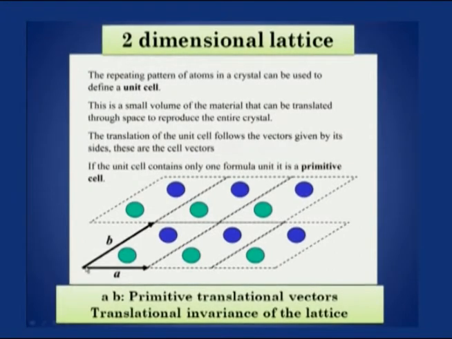Similarly here, translate through B, from this lattice point you go to another lattice point, and another. By translating A or by translating B, you get the lattice points here, here, here, and so on. And this cell which is made up of A and B, its enclosed area is called a primitive cell, right.